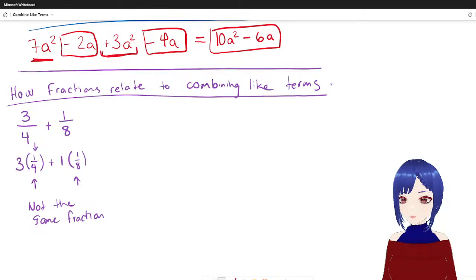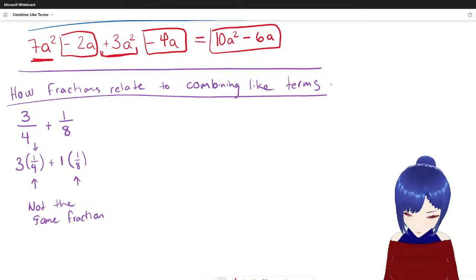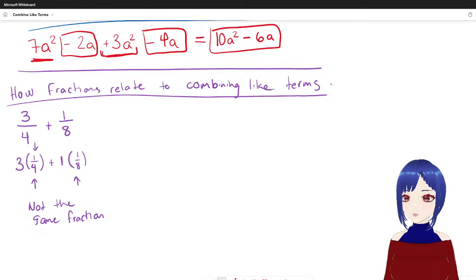You can't really do this with the variables, because it just doesn't work out. But since we know what numbers they are with the fractions, we can alter them, and we do this by changing the type of fraction so that they do match, because we can make them match. So usually I take a smaller number and change the smaller number.